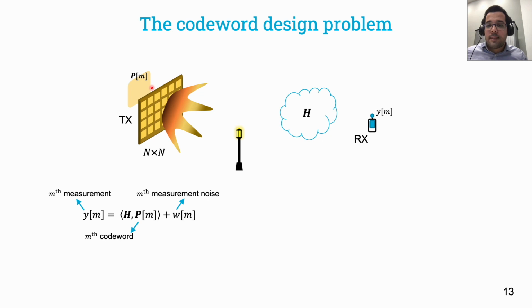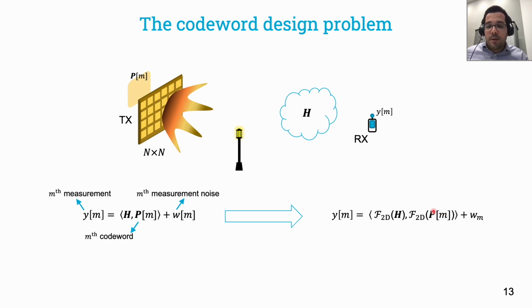To obtain, let's say, the mth measurement, shown by y_m here, the transmitter applies the code word p_m at its phased array. So the receiver gets the inner product of the channel matrix and that code word plus the measurement noise. We can equivalently write this measurement as the inner product of the beam space and the Fourier transform of that code word plus noise.